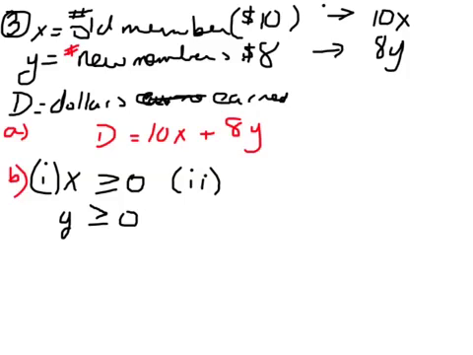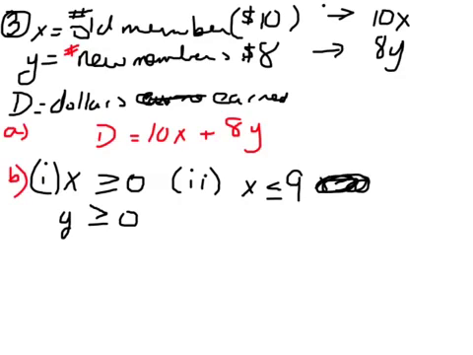Little II says the club has at most 9 old members and at most 8 new members who can work. So not only is X bigger than 0, but X is also smaller. Actually, I already wrote that, so let me write that X has to be, at most, 9 old members. X is the number of old members, so X is less than or equal to 9.